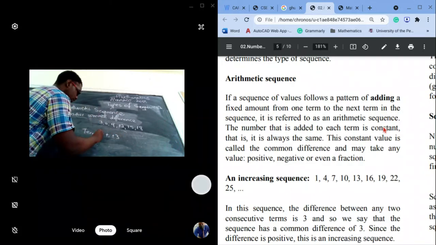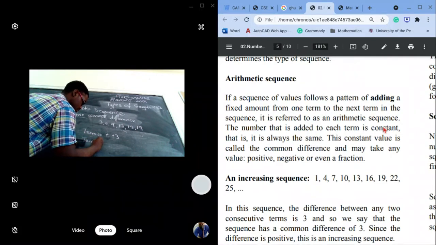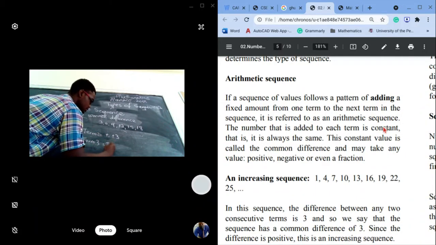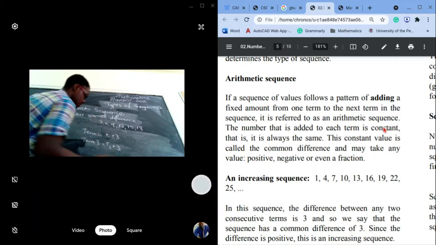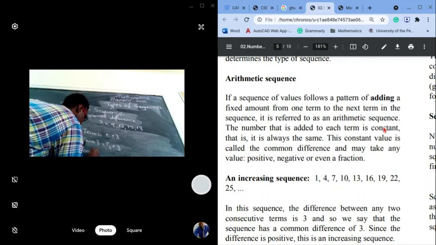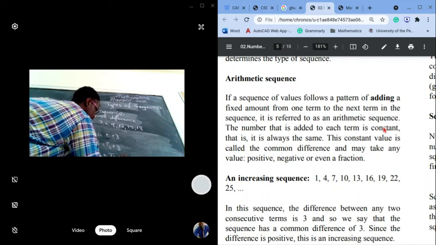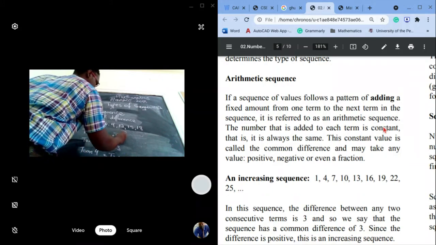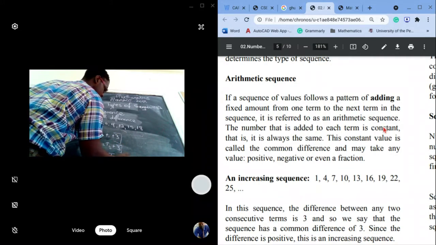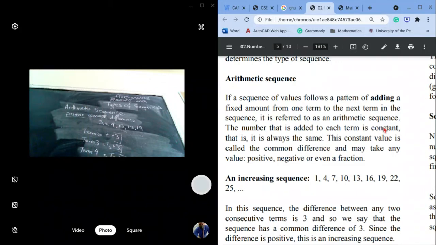If I want to find term 3, that's term 2 plus 3. Let's do one more. If I want to find term 4, that is term 3 plus 3. So throughout, we see a common value of 3, which is added each time to the sequence. And that's why it's a positive common difference.